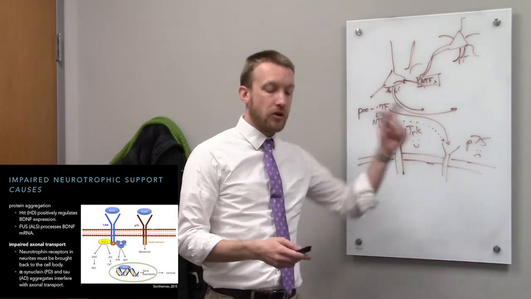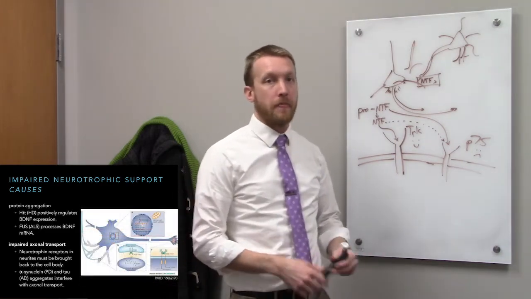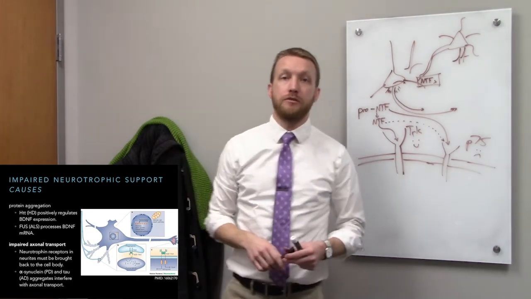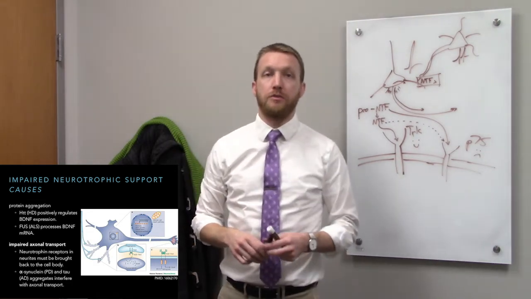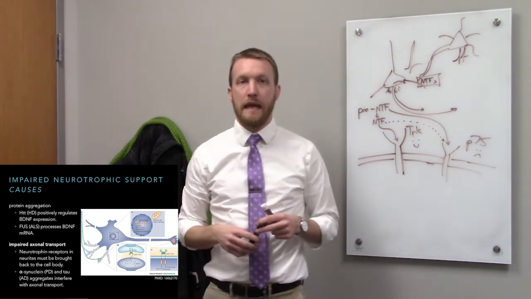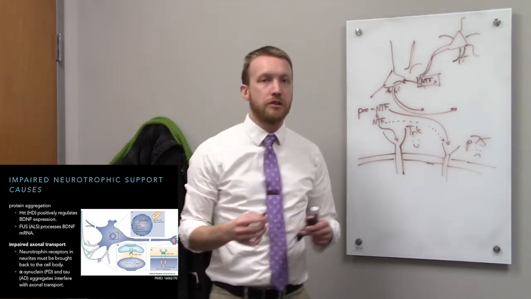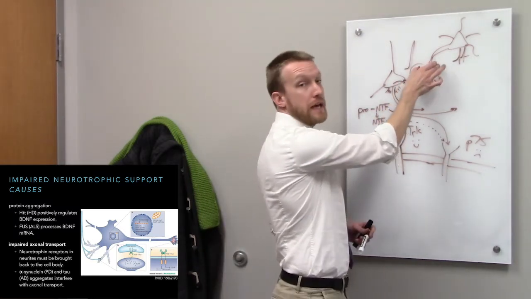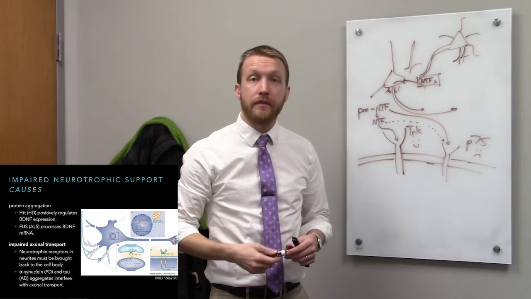So we've got to get these things all the way back to the nucleus because we put them out there in the axon. That's what this illustration is showing us here. So we've got our cell body that has the nucleus. We're showing that in A. Panel B is showing you that we're having that retrograde release from the dendrites to the axon for our neurotrophic factors.